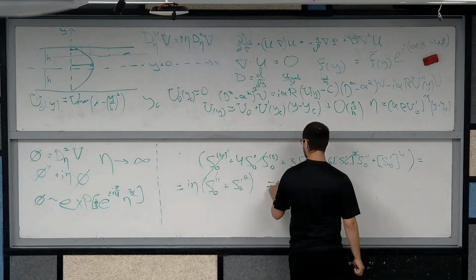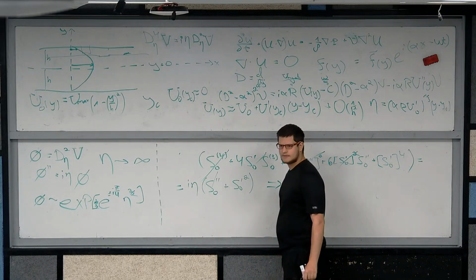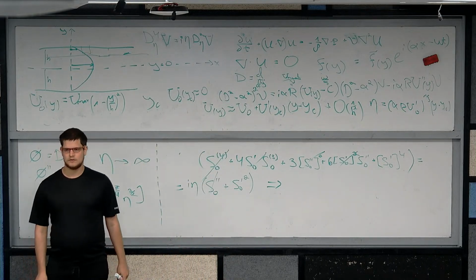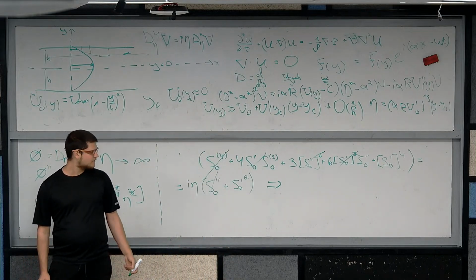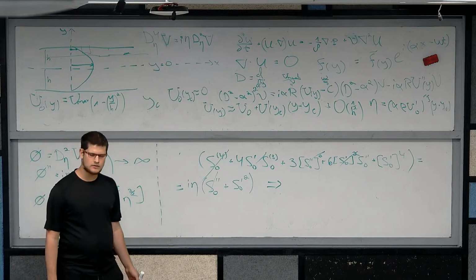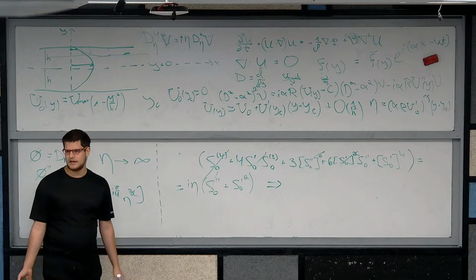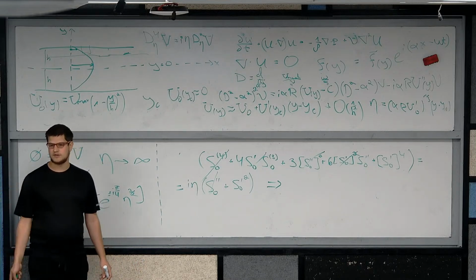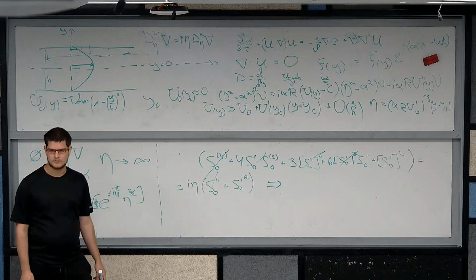So by the way, why can I divide by S0 prime? Because if S0 prime is 0, assume I got that, that is pretty much like saying the solution will be constant. That doesn't mean anything.